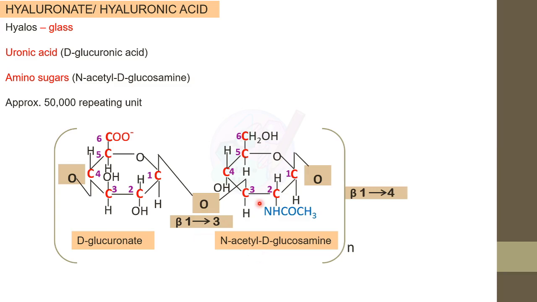Beta 1,3 linkage is there, and when N-acetyl D-glucosamine interacts with the next D-glucuronate unit, the bonding will be different, and here the bonding will be beta 1,4. Hyaluronic acid is made up of units like this, approximately 50,000 repeating disaccharide units are present in hyaluronic acid. So it is really a very big molecule.